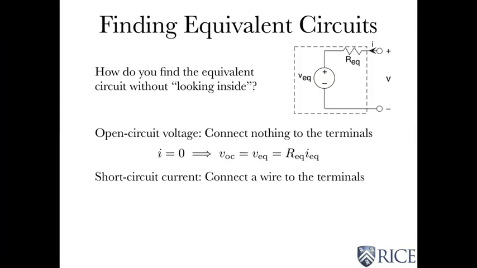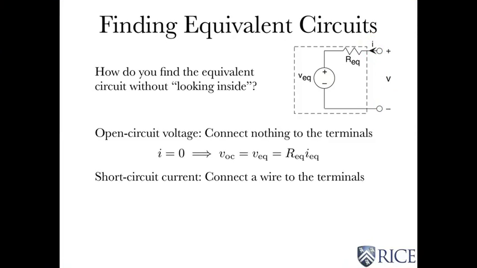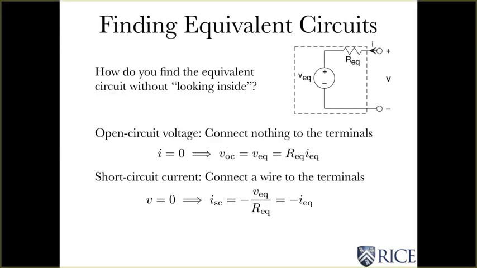Similarly, you can short circuit the current. What that means is that you short circuit these terminals, you put a short across there. That sets the voltage to 0, of course, and then you measure the current. And when you do that, if you look at this equivalent circuit, that short circuit current is just going to be minus VEQ over REQ, and that's the negative of the Meyer-Norton equivalent current source.